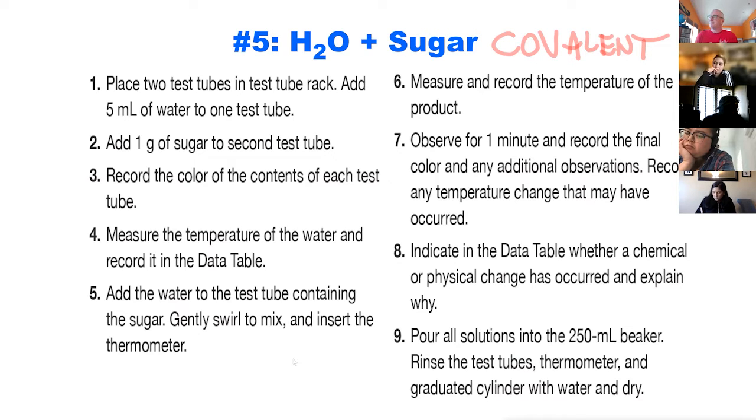In fact, most, if not all, covalent compounds that are water soluble just become dissolved in water. And what we would call that is sugar (aq). Anyone know what the aq stands for? Aqueous, right. It just means it's dissolved in water.